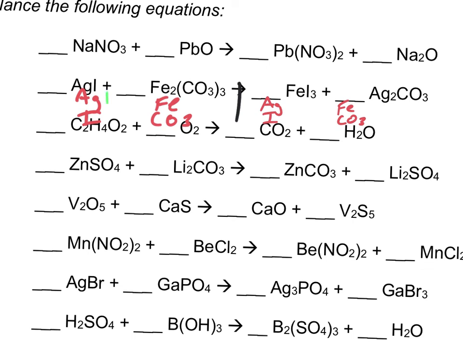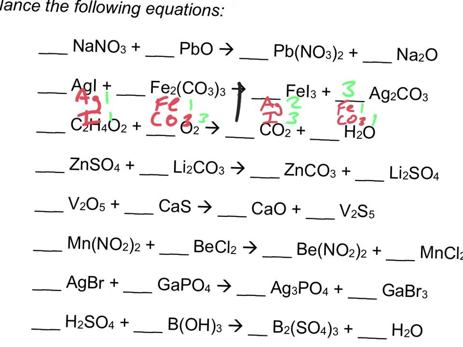I've got 1 silver, 2 silvers, 1 iodine, 3 iodines, 1, 1, 3. That 3 says I have 3 of the CO3s. And then 1. Okay. Where to begin? I don't know. Just pick something is typically the way it is.